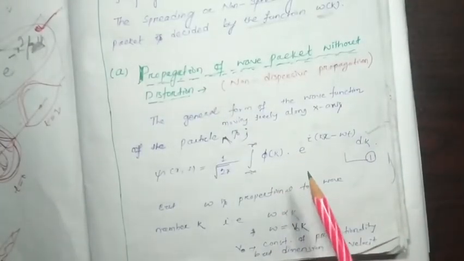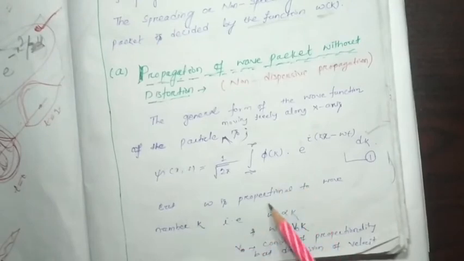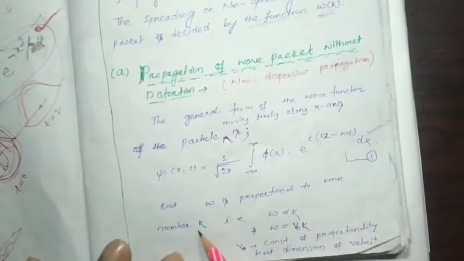Here omega is proportional to the wave number.